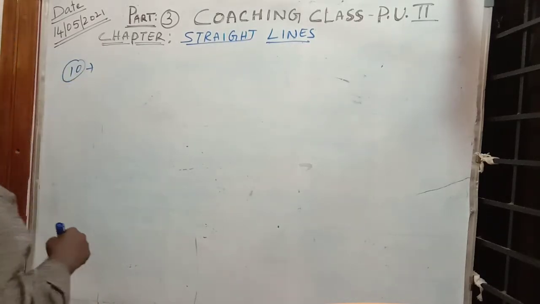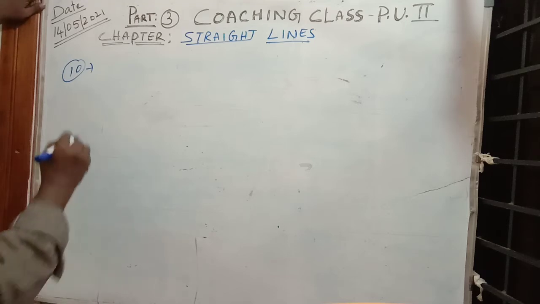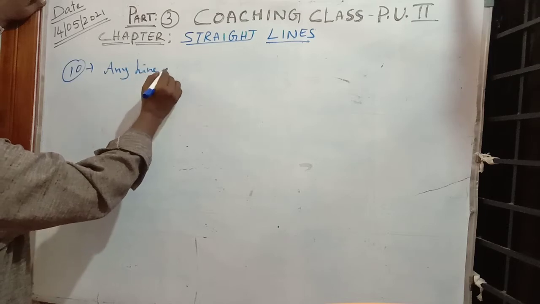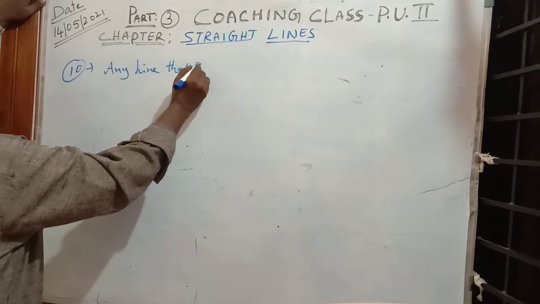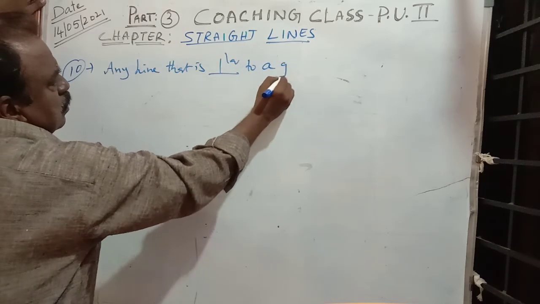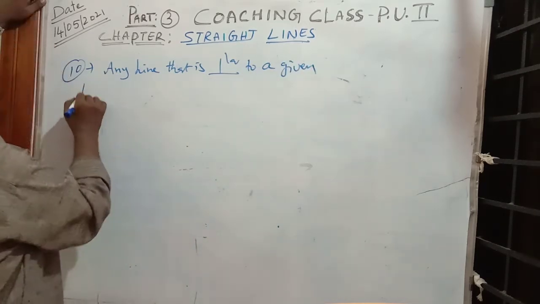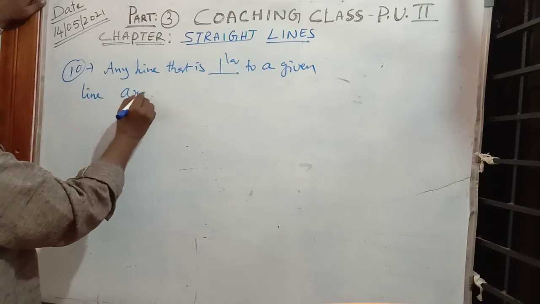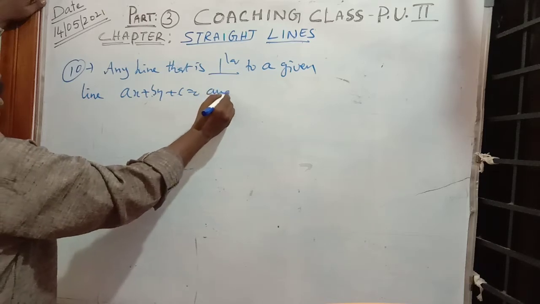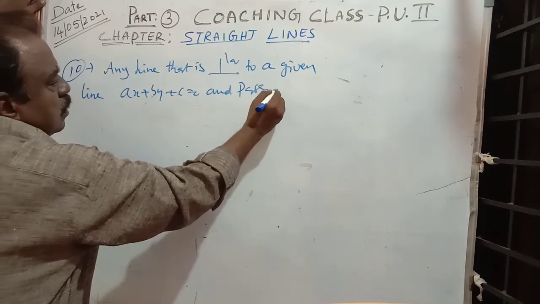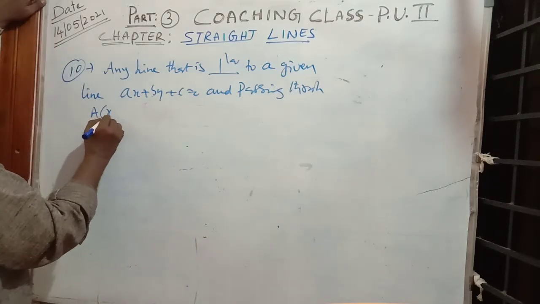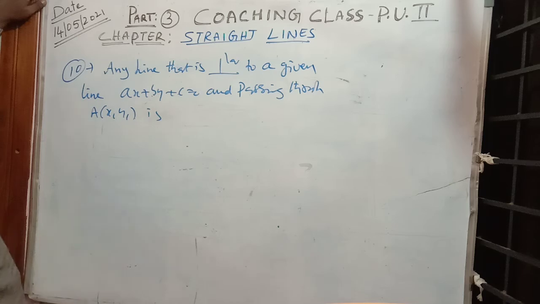Now, the 10th one is any line that is perpendicular to a given line ax plus by plus c is equal to 0 and passing through the point A, x1 comma y1.